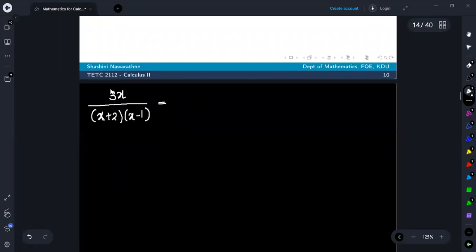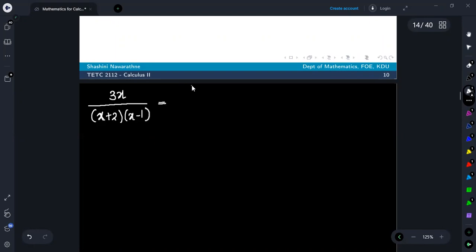If we have a p(x) over q(x) type of function with linear factors that are not repeating, we write this expression to obtain partial fractions according to case 1.